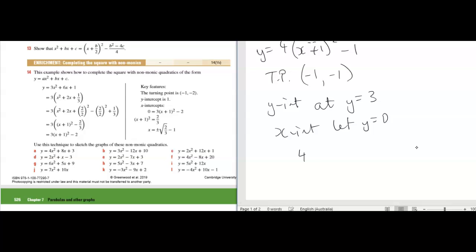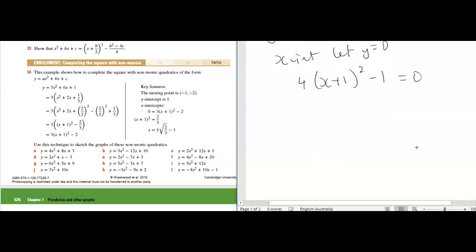So we've got 4 times x plus 1 squared minus 1 equals 0. We're just solving for x now. So divide both sides by 4, so that disappears. x plus 1 squared equals 1/4.